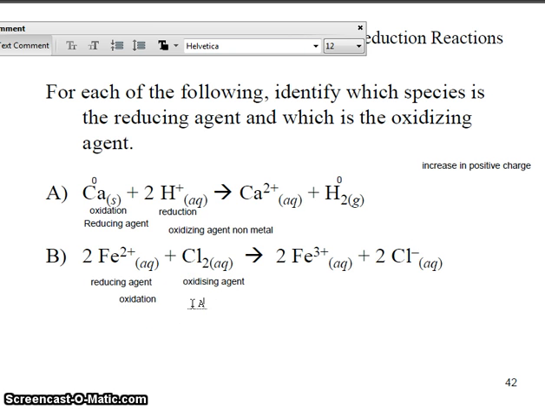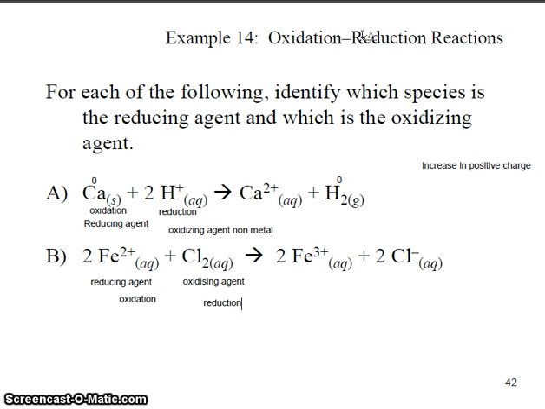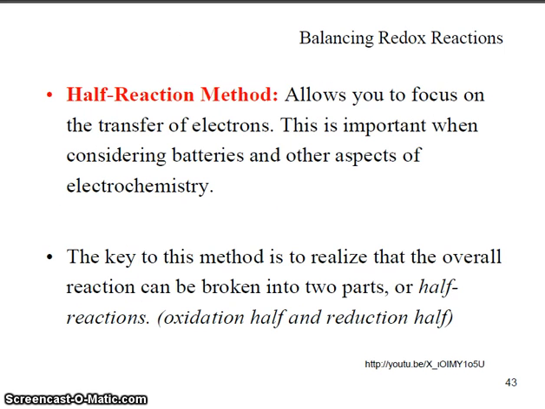That's a decrease. That means it must be going through a reduction process, and hence it's acting as an oxidizing agent. So please realize that you will find both the oxidizing agent as well as the reducing agent on the left hand side, the reactant side of the reaction.